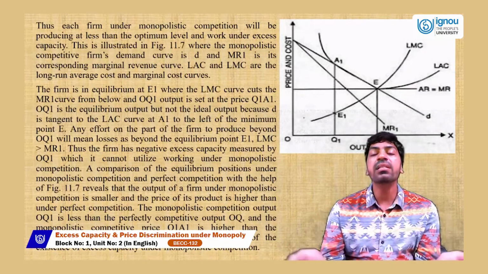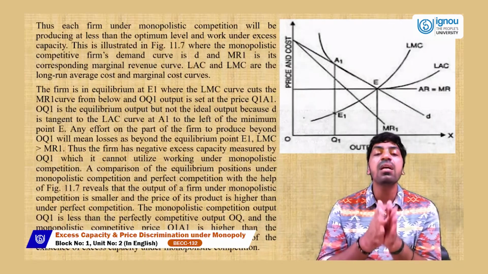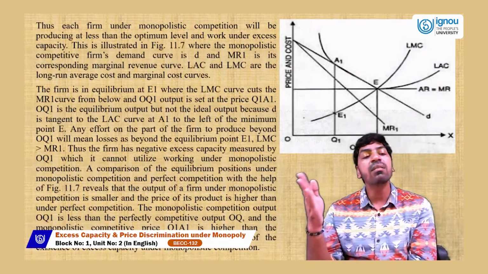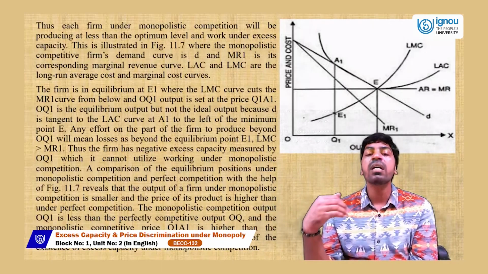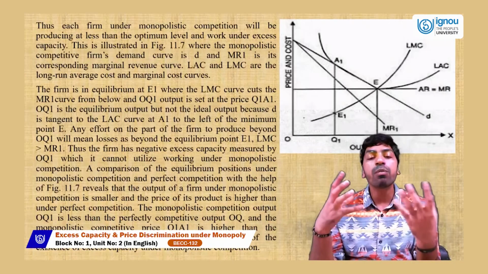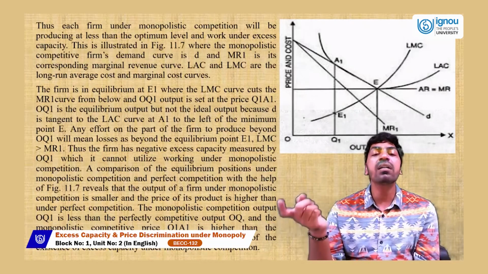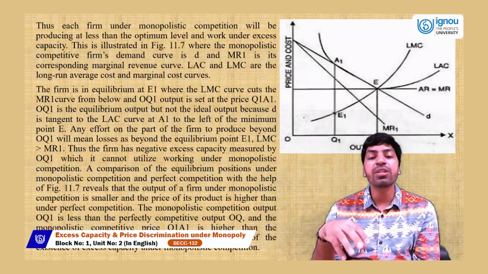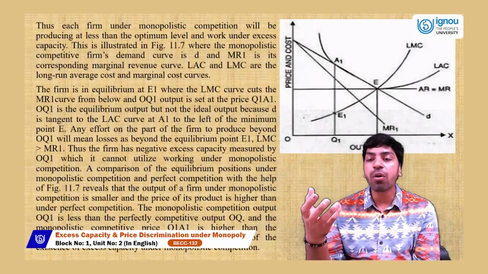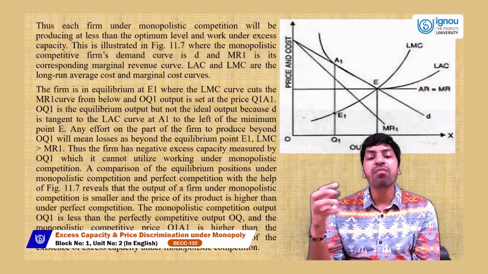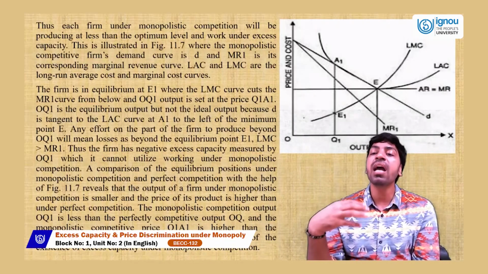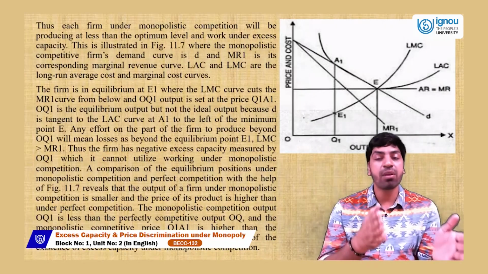Whenever there is a comparison between perfect competition and monopolistic competition, the output the firm could achieve under monopolistic competition is less than the ideal output, and the price of its product is higher than under perfect competition.